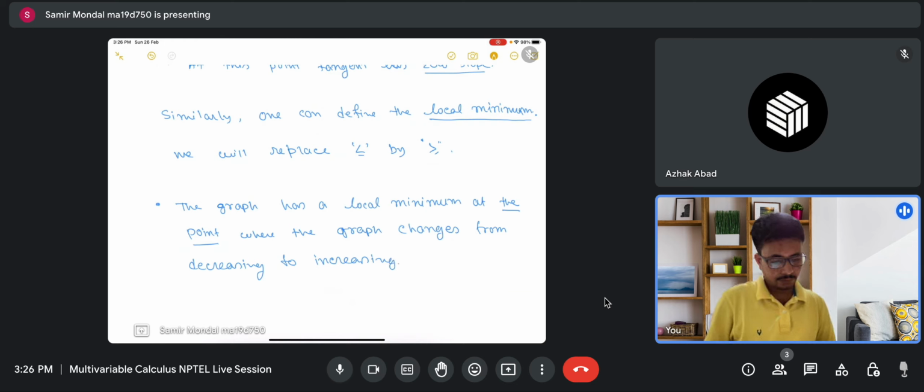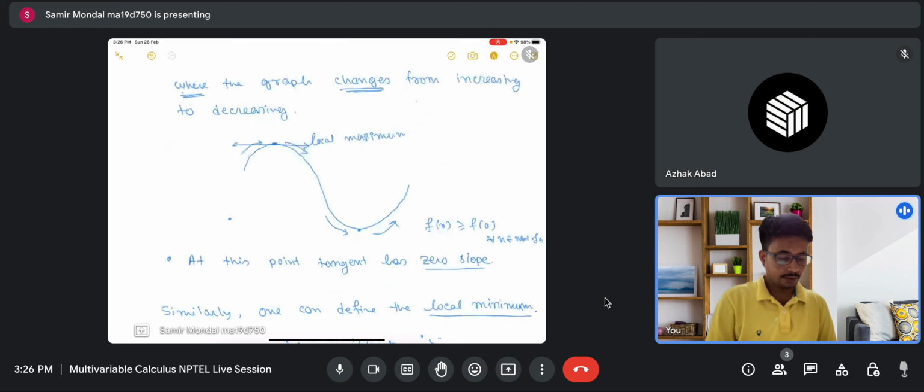From this graph we can observe that at this point your function has the local minima. At this point the graph is changing from decreasing to increasing.